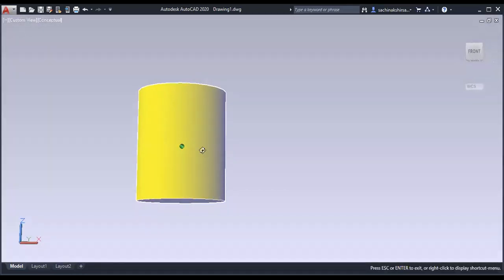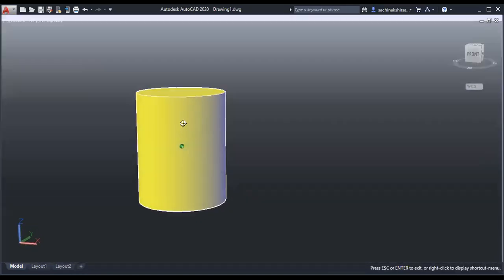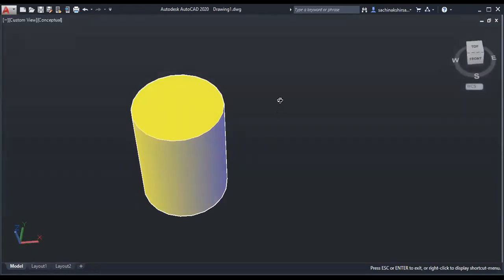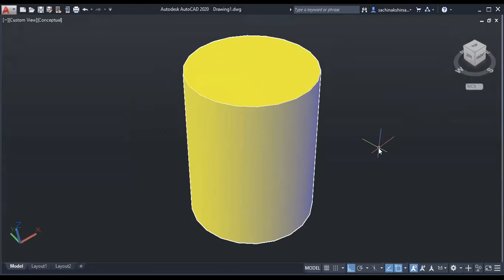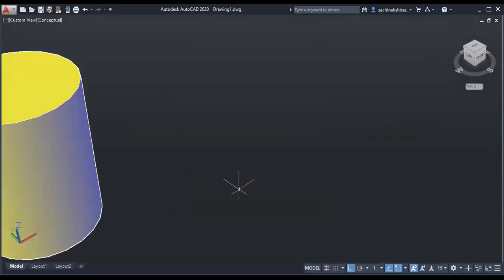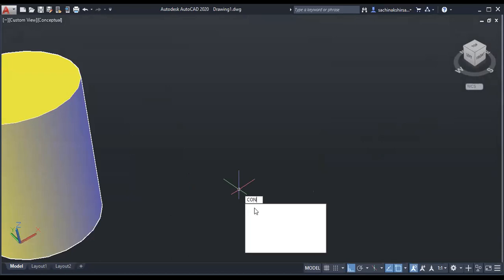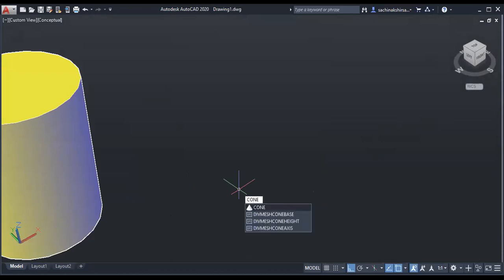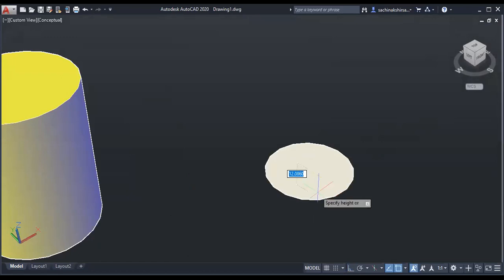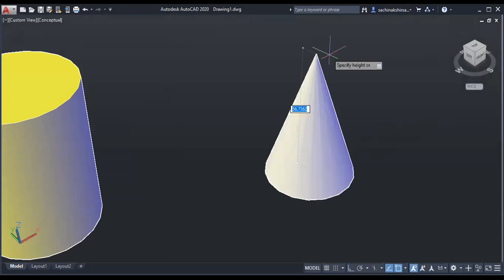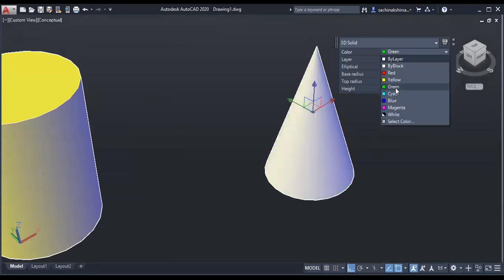You might have observed it many times. It will be like this. And the cone has an apex, so it will be like this. So this will be the cone.